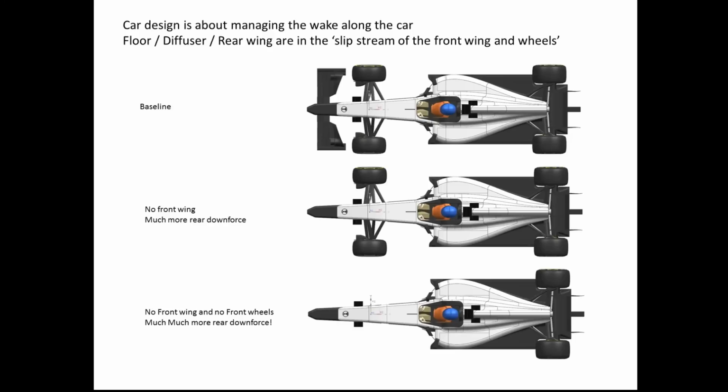That's why the front wing has got such a huge importance in Formula One, not only to improve its own performance, but to make the flow behind it more efficient, to make sure it clears the floor, for example, of the low energy area coming from the front tires. Make sure the front wing is pushing this low energy flow outboard so it won't go under your diffuser and floor area. So this is very important for car design.